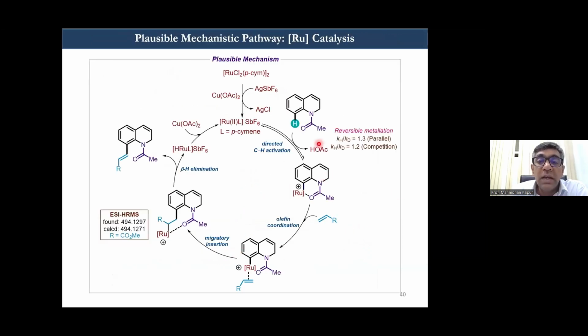So how does this work in this particular case? This ruthenium catalyst prefers the hard center, which is this center, giving you the olefination at this position via a migratory insertion, that is carbopalladation, followed by beta hydride elimination. And then subsequent steps regenerate the active catalyst.